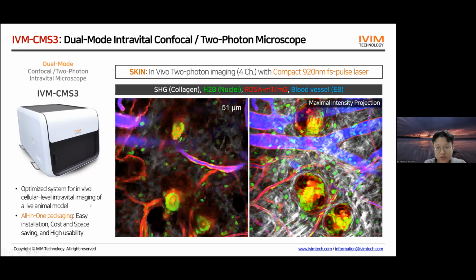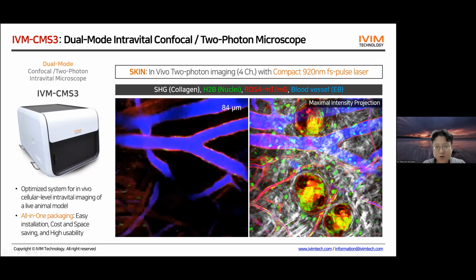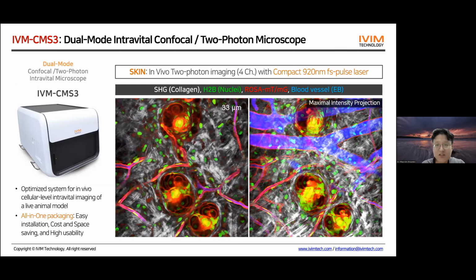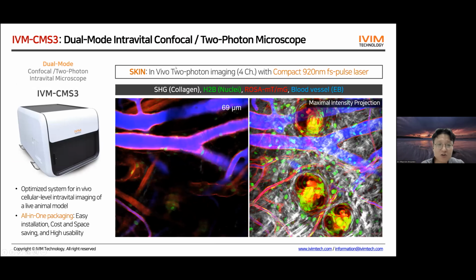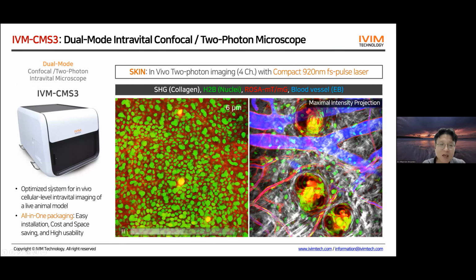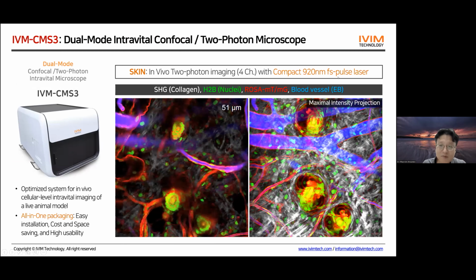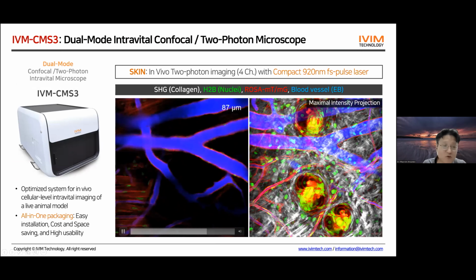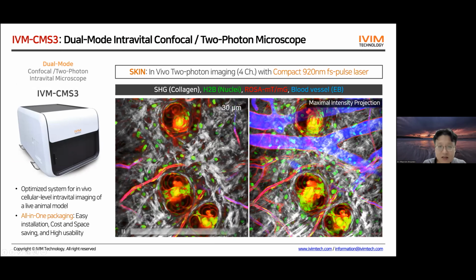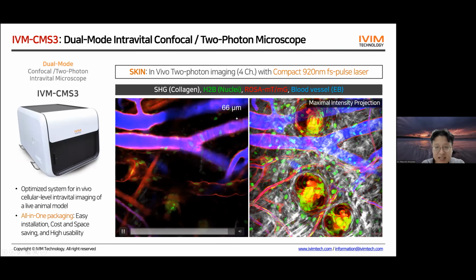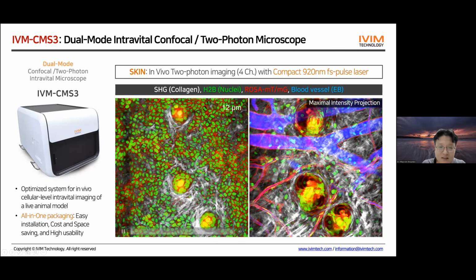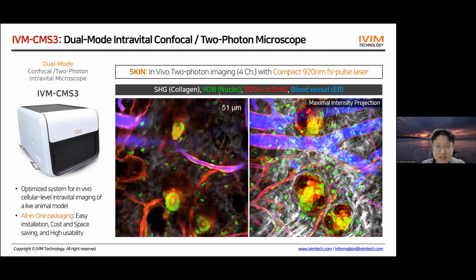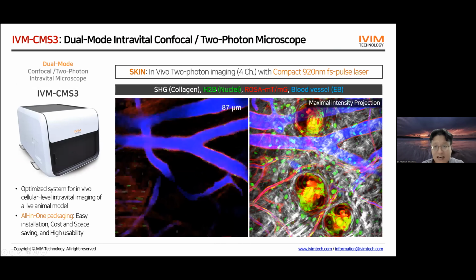Let me show you another simultaneous four-color two-photon imaging result obtained from the skin by using our femtosecond laser module inside this microscope. This is the Z-stack data obtained from the skin. Green color is H2B GFP, from the nuclei.